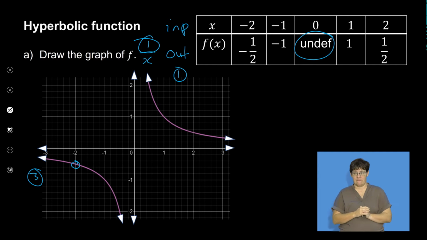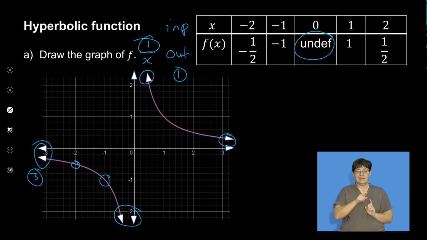Minus 1 goes with minus 1, which will also be somewhere there, and then you join them with a curve, and then you must show arrows at the end, because these arrows represent that this graph is continuing indefinitely, right? But it will never cross the y-axis or the x-axis, and it simply means that we can say our asymptote here is on the y-axis and on the x-axis.